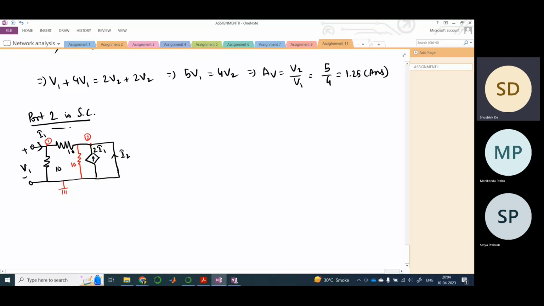So this potential is equal to this potential, therefore this is zero. So this would be considered as an open, there would be no current flowing through this path. Therefore the 10 ohm resistor won't be there. I hope you understood this. This is pretty simple.